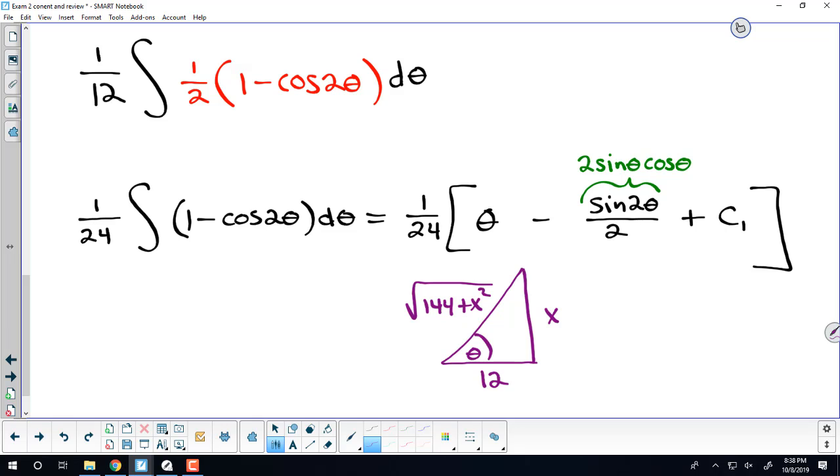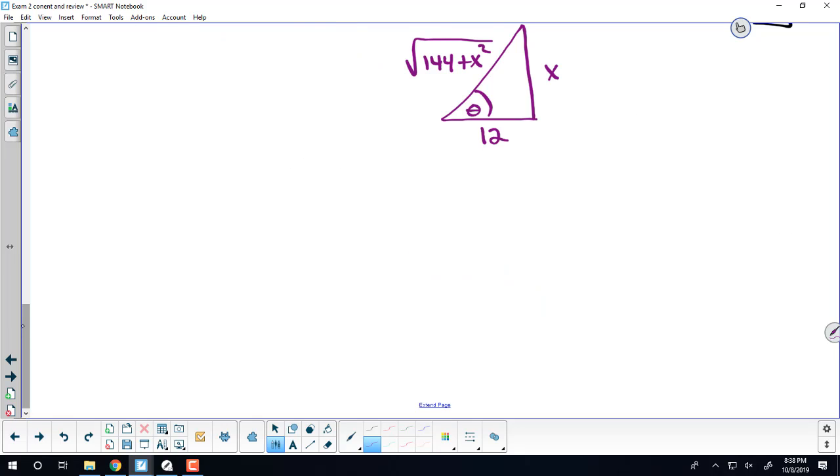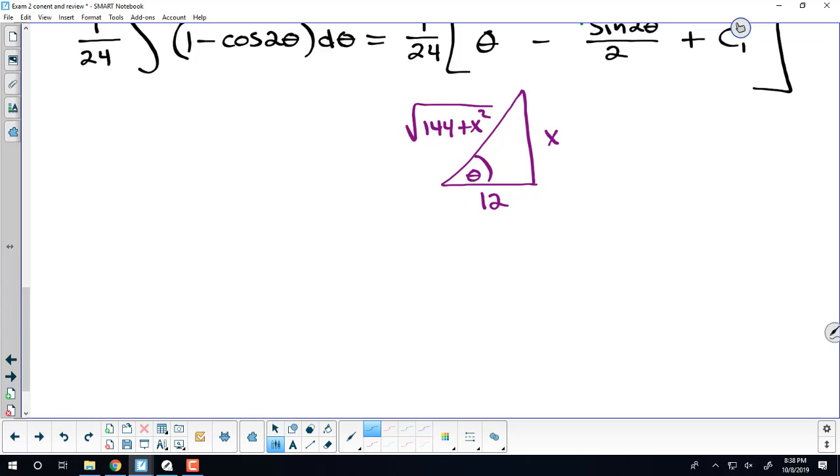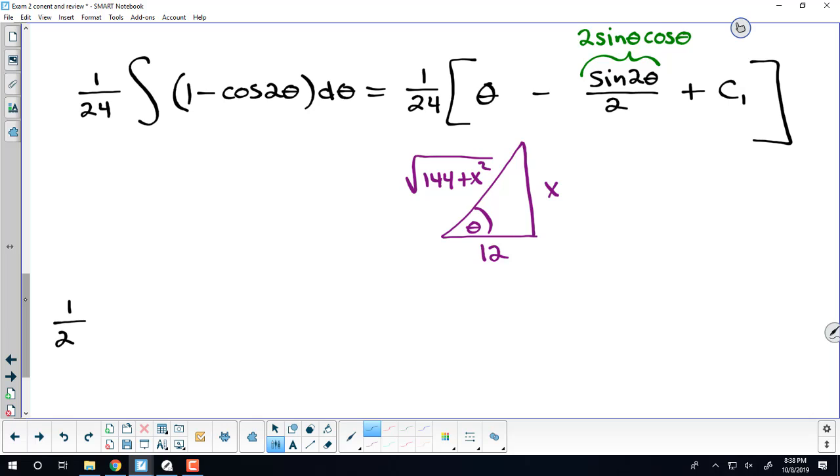So then that allows us to convert from the theta domain to the x domain. So we got our 1 over 24 theta. Theta is the inverse tangent of x over 12, minus, our 2's cancel out, sine of theta times cosine of theta.